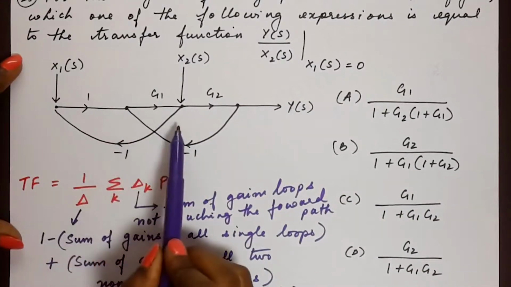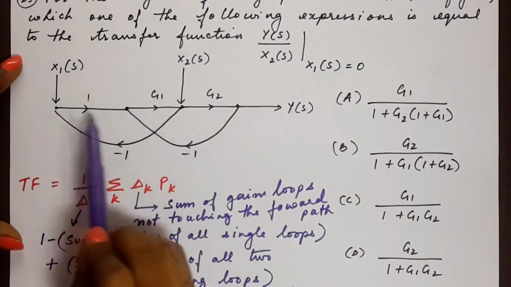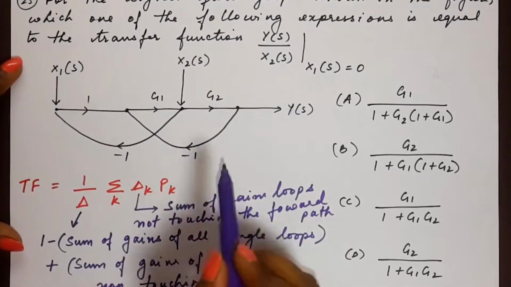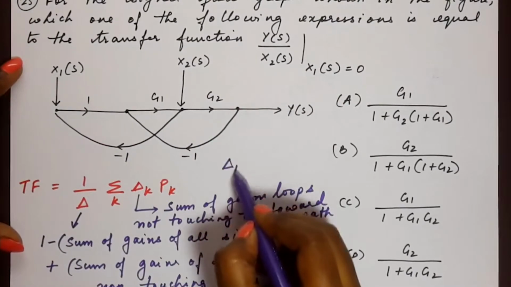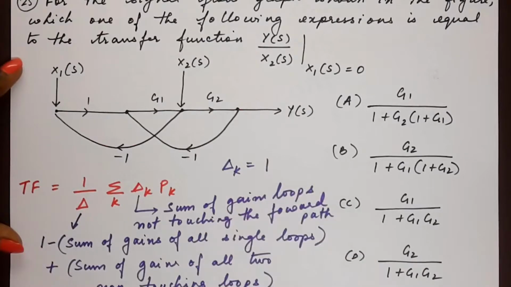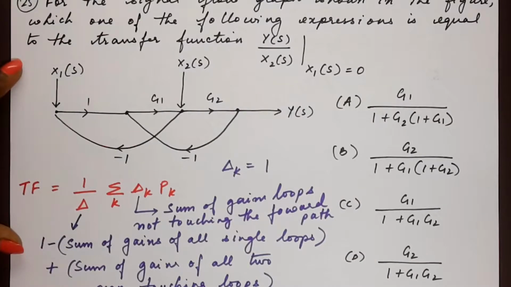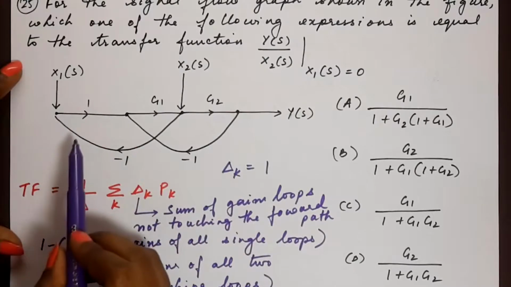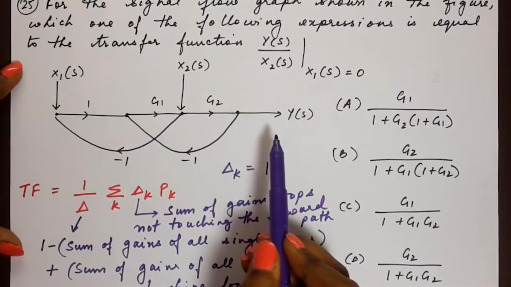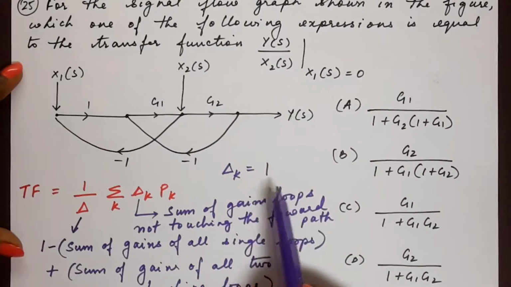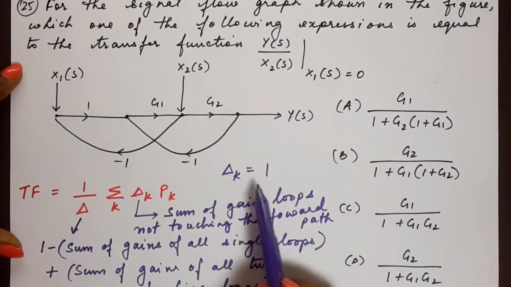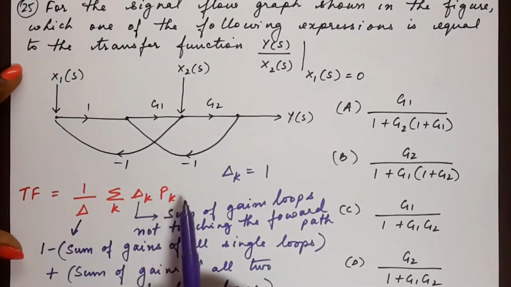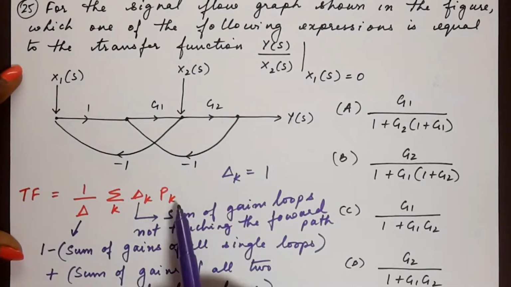We have 2 loops and both the loops are touching the forward path. So that means delta k in this problem is equal to 1. Since we don't have loops that do not touch the forward path, there's no gain for delta k at all. It's just 1. And pk is the forward path gain.